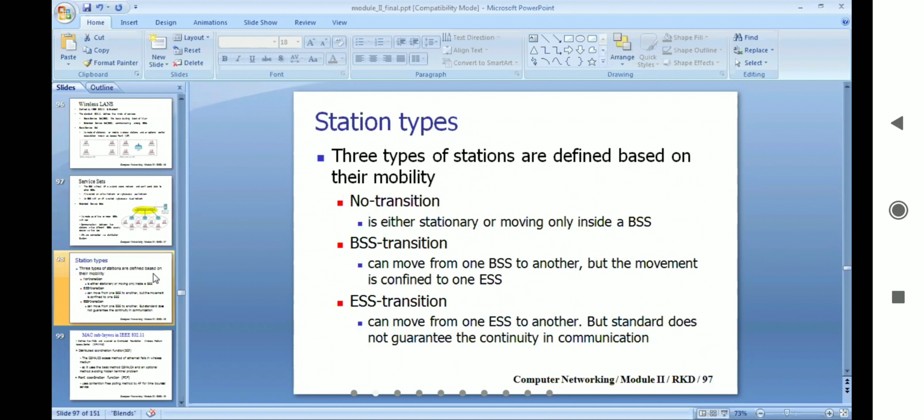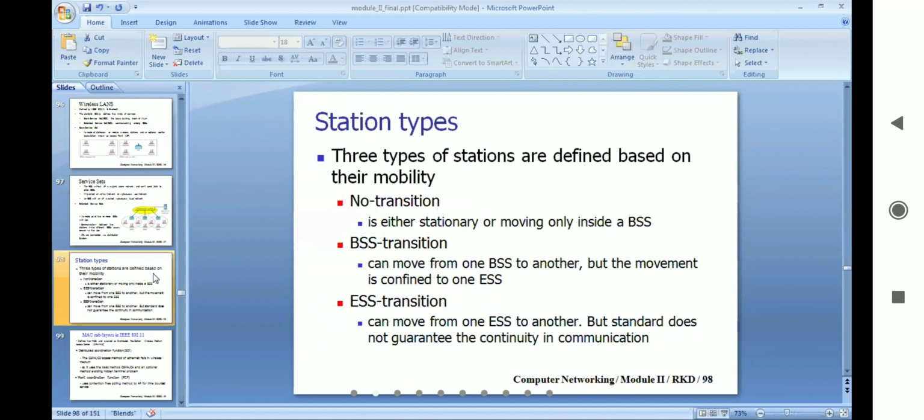Then another, the ESS transition, means one ESS to another ESS you can also communicate. That is also possible, but there is no guarantee for the continuity of the communication in that case. That is called ESS transition. So no transition means you can only move inside a single BSS, and you cannot communicate to the other BSS.